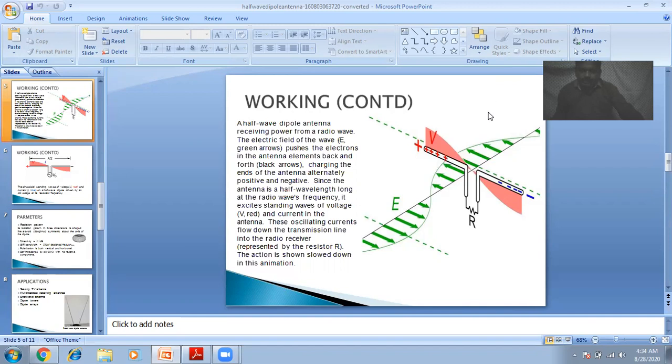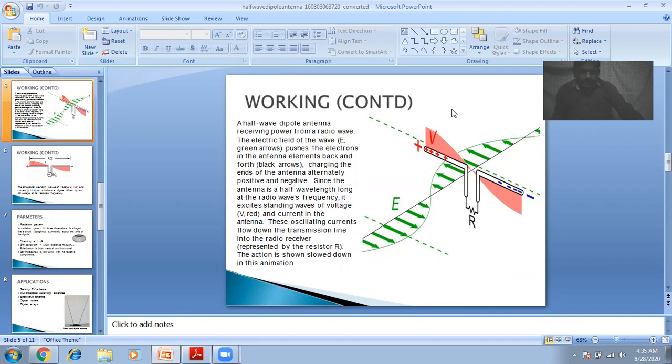Therefore, at the center we find minimum impedance. Since there is minimum impedance at the center, we are feeding the antenna with the help of a cable at the center, therefore it is called center fed antenna. Generally it is having a radiation resistance of 73 ohms.